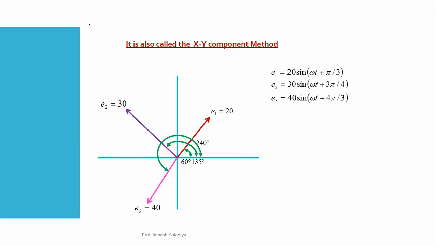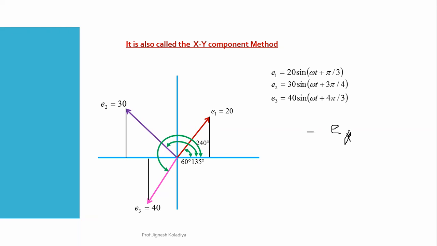And E3 is equal to 40 sine omega t plus 4 pi by 3. So how many x components are there? X component for E1, x component for E2, and x component for E3, right? When you add these three x components, you will get one resultant x component.